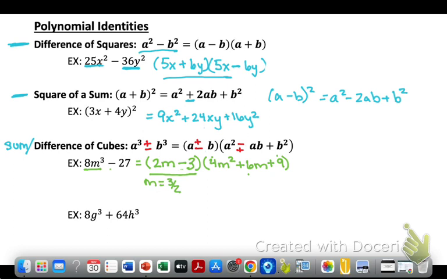So is 8 a perfect cube? Is 64 a perfect cube? Yep. Okay, so we're going to do it. So the cube root of 8g cubed: 2g. Same sign. The cube root of 64h cubed: 4h.